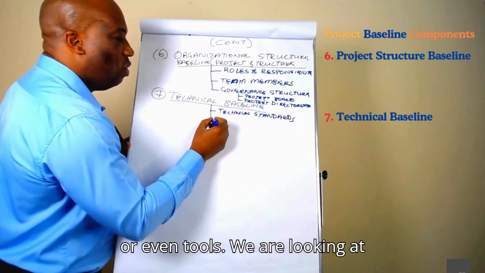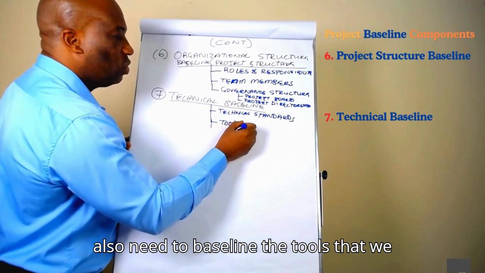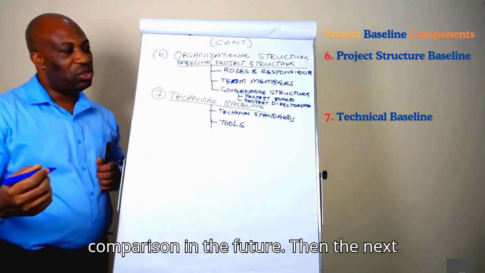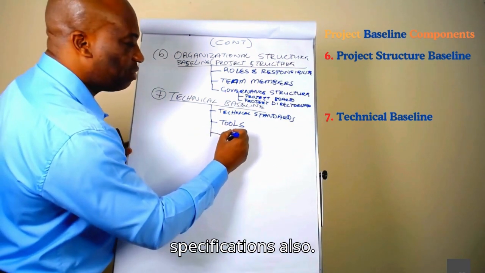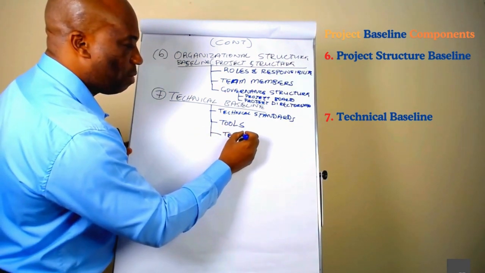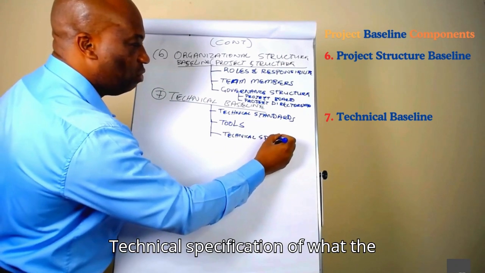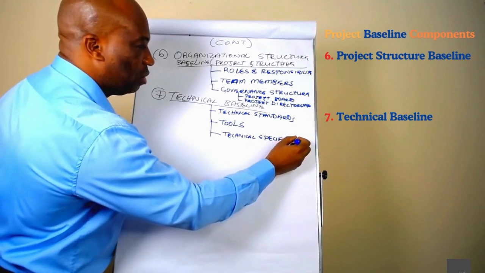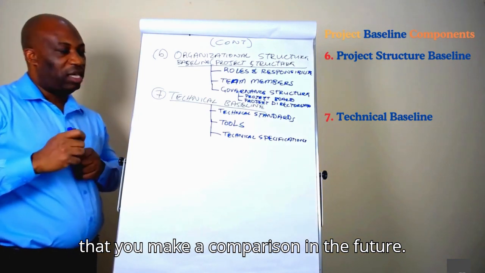Okay. Or even tools. We are looking at technical tools that we are using. You also need to baseline the tools that you are using so that we are able to make a comparison in future. Then the next one we are looking at is technical specifications also. Technical specification of what the project is going to produce or deliverables. You need to be able to baseline this so that you make a comparison in future.